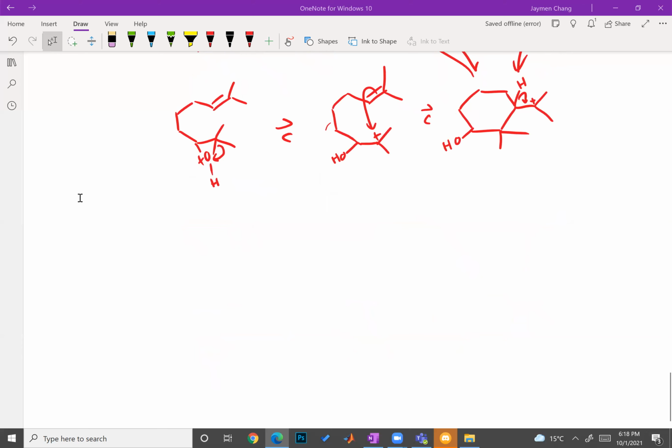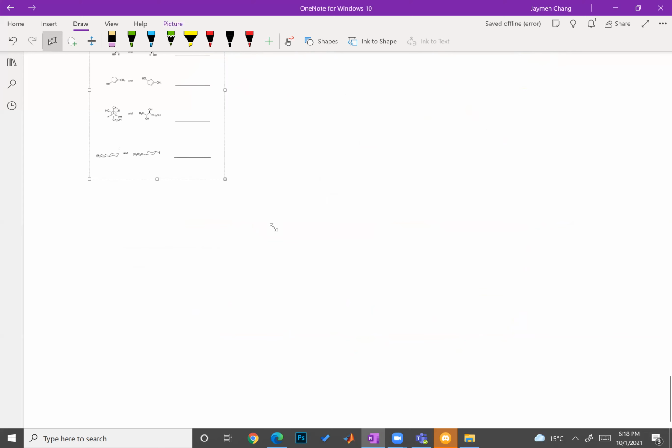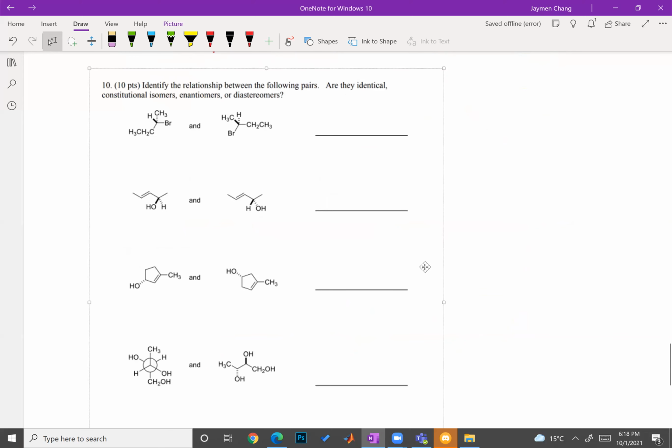All right, here we want to take a look at the relationships again between stereoisomers. So what we're going to see is we take a look at this one first, and we'll see that the Br can actually be rotated.